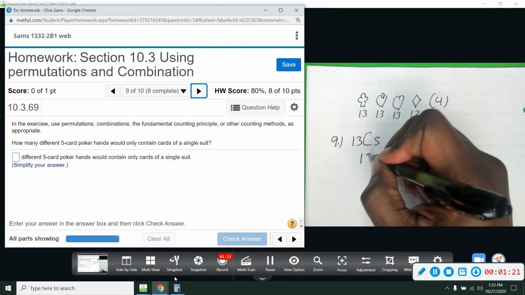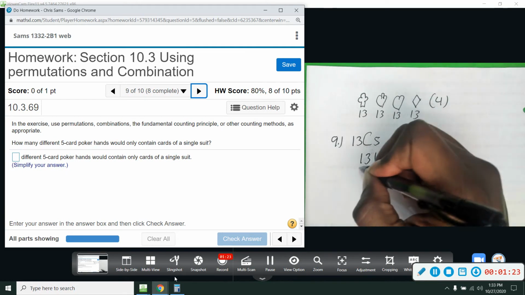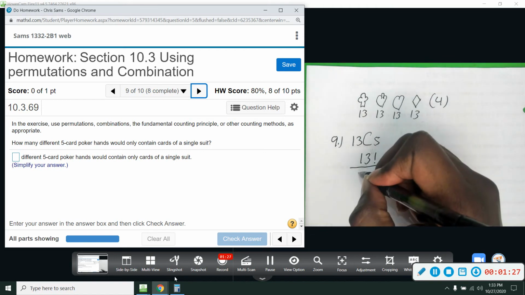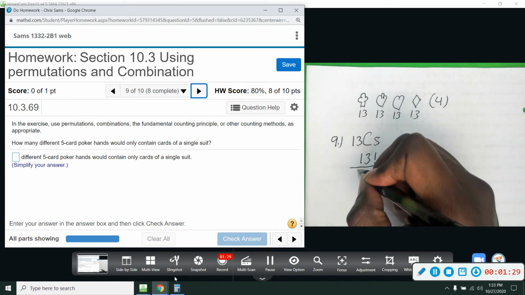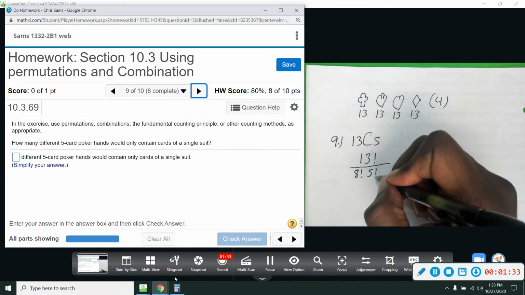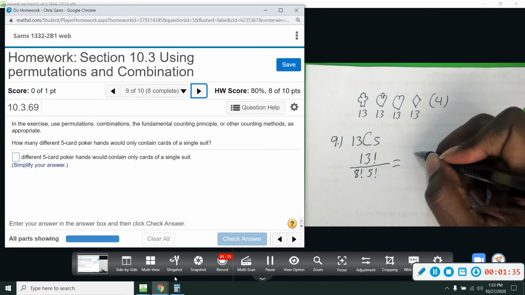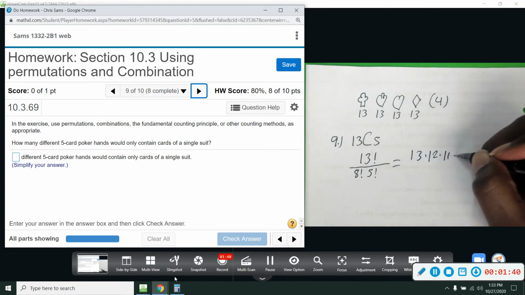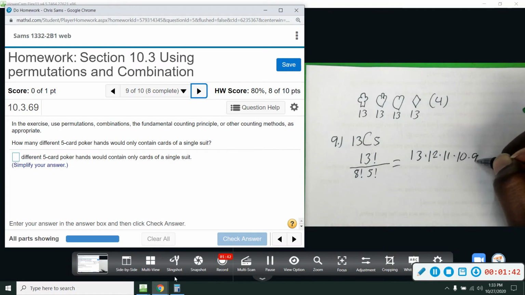This will be 13 factorial over 13 minus 5, which is 8 factorial, and then 5 factorial. When we spell this out, 13, 12, 11, 10, 9, 8, and we'll stop at 8 factorial.